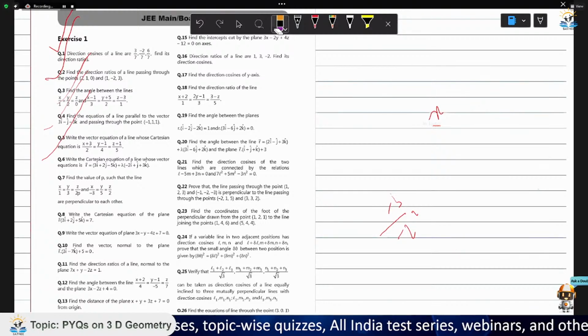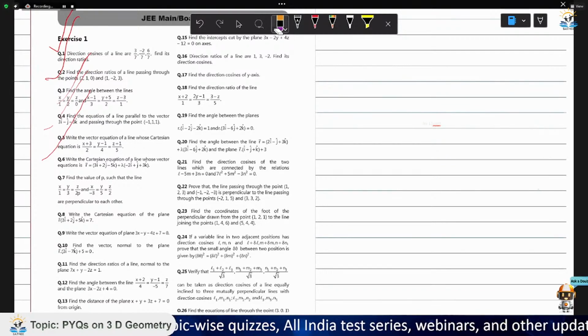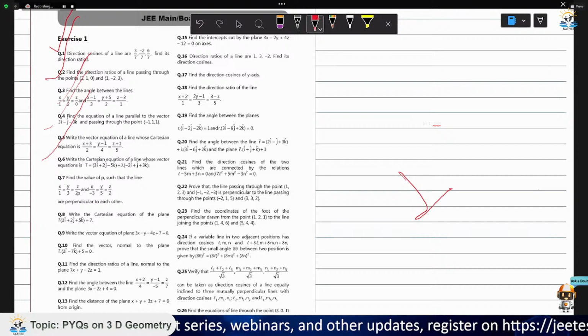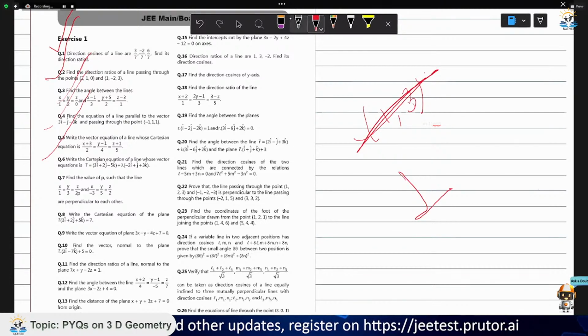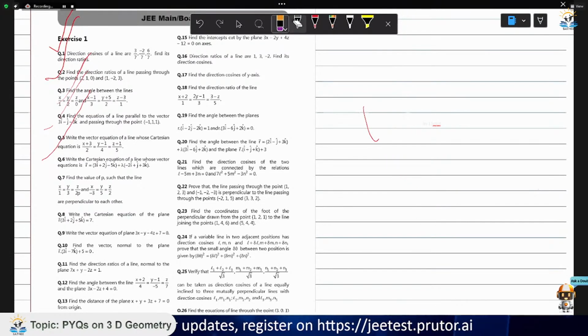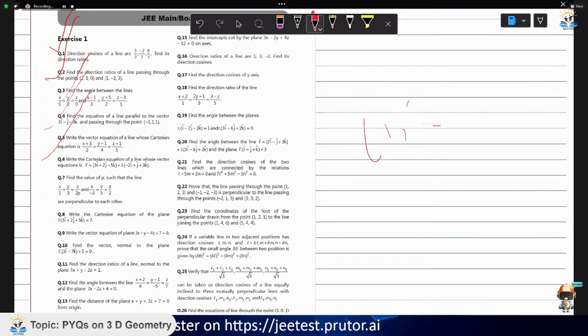Now moving on to the next part, we have find the value of p such that the vectors are perpendicular to each other. So by perpendicular, what do we mean? The direction ratios should be perpendicular, so the dot product should be zero. So 1, 3, 2p, let me erase it. We have (1, 3, 2p) dot product with (minus 3, 5, 2) should be equal to 0.